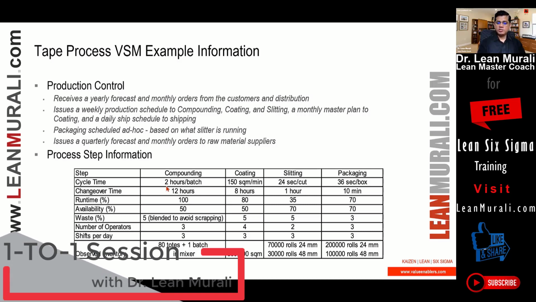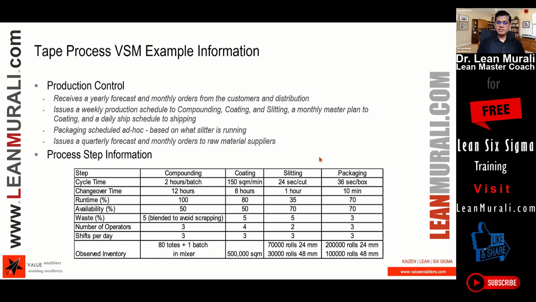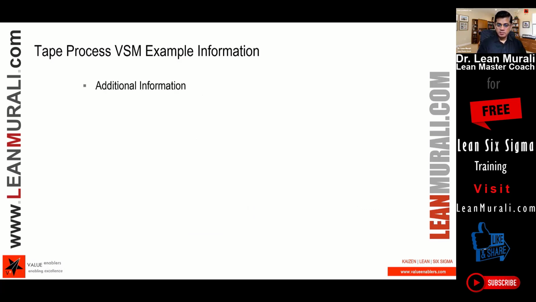And so this is the process step information below. This information is gathered from the Gemba, the workplace. Additional information, very important. Compounding is done with an 80,000 liter, which we call 80 ton, kettle batch size.